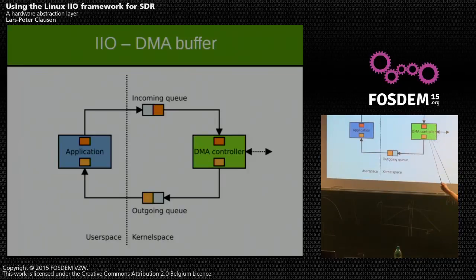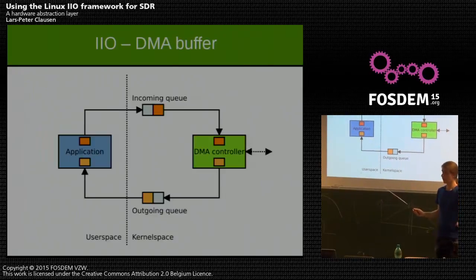Once the block is fully filled up, it puts it into the outgoing queue, and user space can read from it. So you really only move around meta information about where the data is and what length the data has, but you don't actually copy the data itself, which allows for very efficient access.